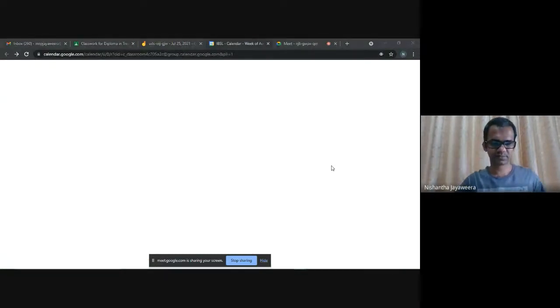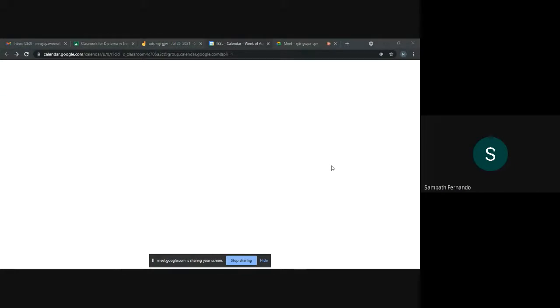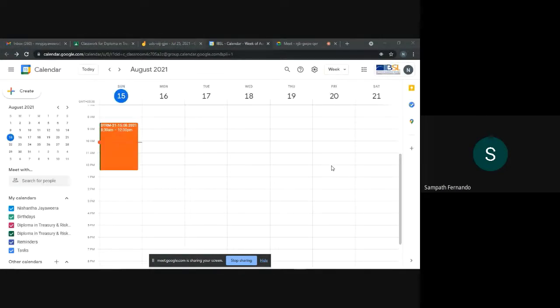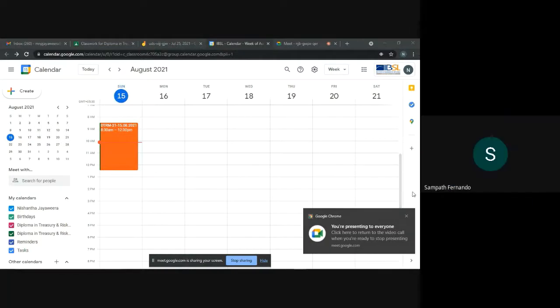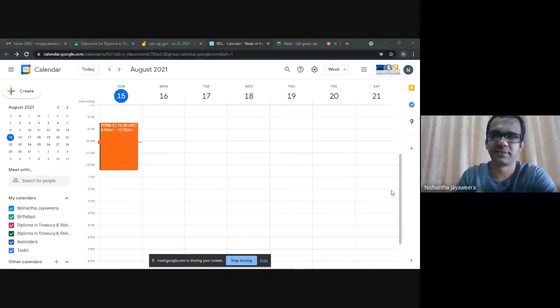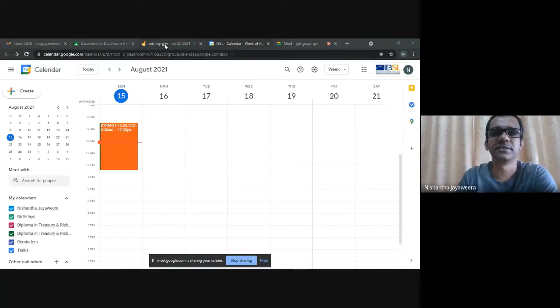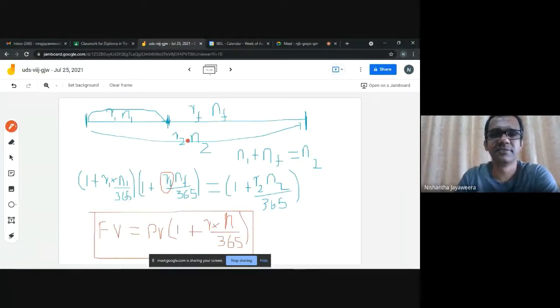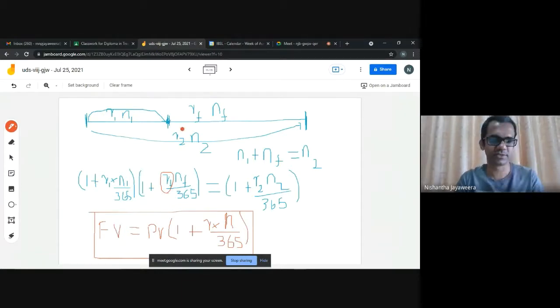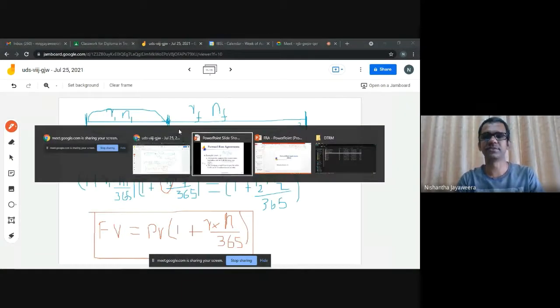So here N1 plus NF equals N2, that if that is not there, it gets arbitrage opportunity. Yes, exactly. If when you calculate this rate using this equation, let me go back to the presentation.